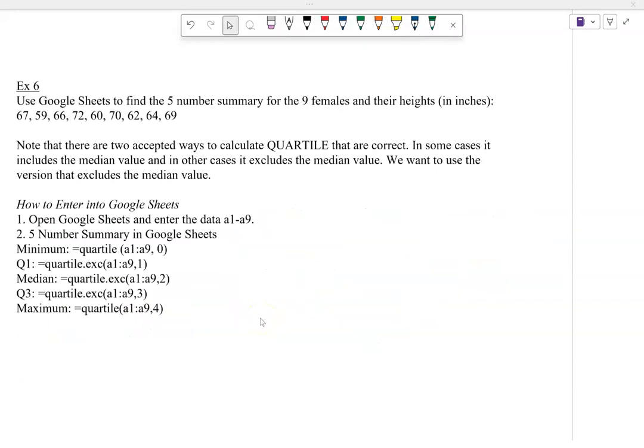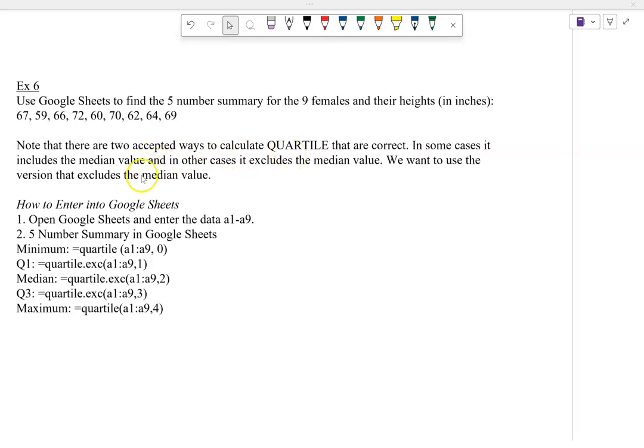Now, on this last example, I'm just going to show you how to use Google Sheets to find the 5-number summary. Let's do it with the 9 data values for the female heights here. I do want you to note there are a couple different ways to calculate quartile that are correct. In some cases, it can include the median. Other cases, it excludes.